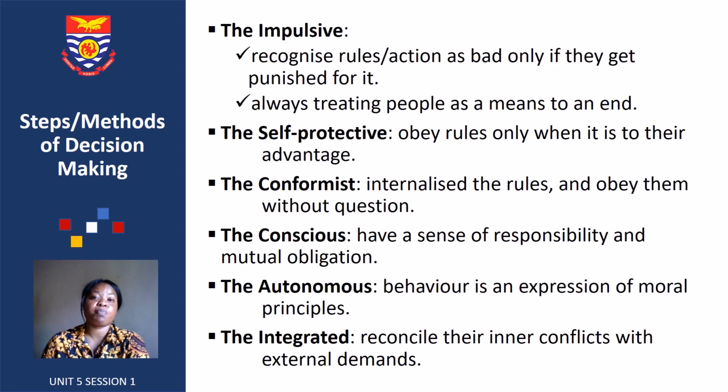So that person has to be punished before it dawns on him or her that this is the wrong thing. They always treat people as a means to an end. So they are abusers, they use you, they manipulate you, they are selfish, and they do these things in order to achieve something that is beneficial to them.